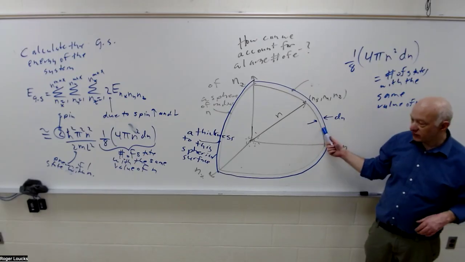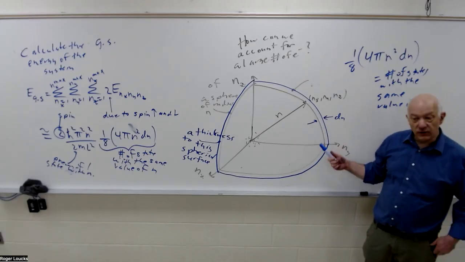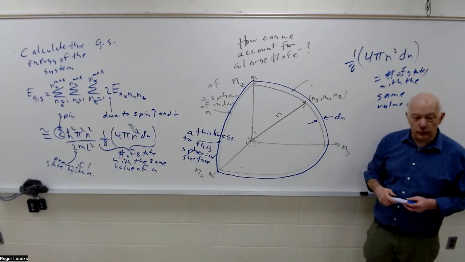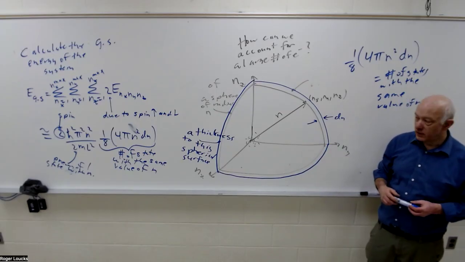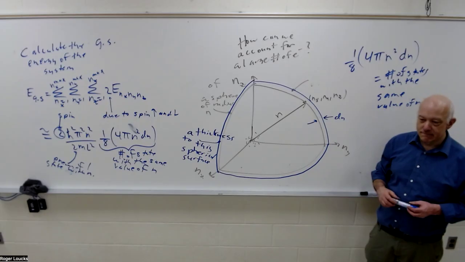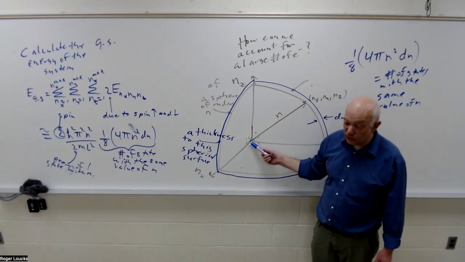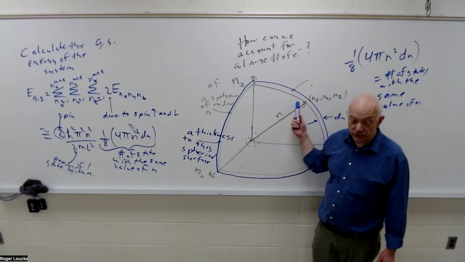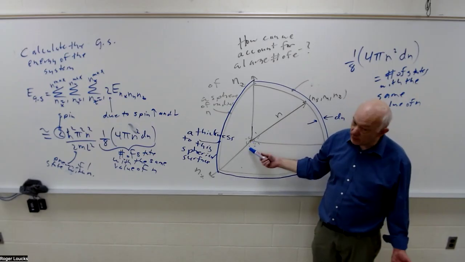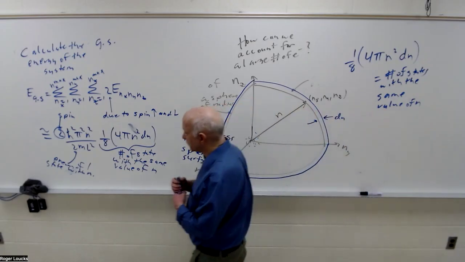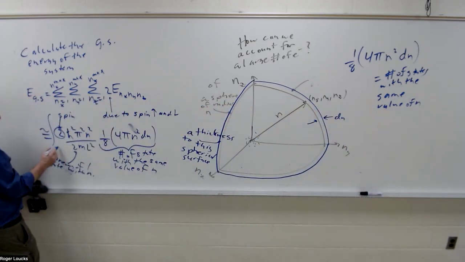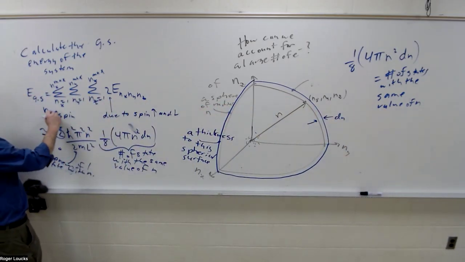So that's the energy just in this level here, in this shell. So if I want the total energy for the system, what do I have to do? Integrate from where to where? From 0 to n max. I know the n value doesn't get to 0, it gets to 3. But my n is going off to some preposterous number, so I can call it 0. So I can integrate here from 0 to some n max value.